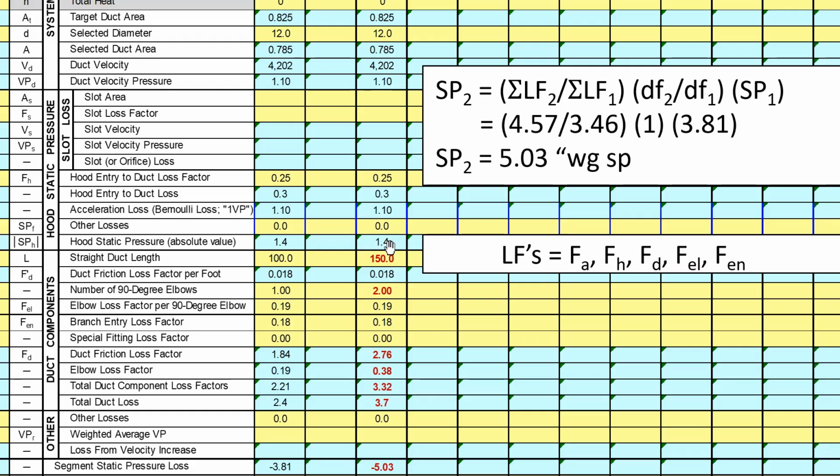And again, there's a little bit of rounding in the calc sheet, and that's why the 3.7 plus 1.4 shows up as a 5.03. It's just some background rounding that goes on in the calculation. And again, we can also see with our duct component loss factors now at 3.32, that plus 1 for F sub A is 4.32, plus 0.25 F sub H, and that's our 4.57.